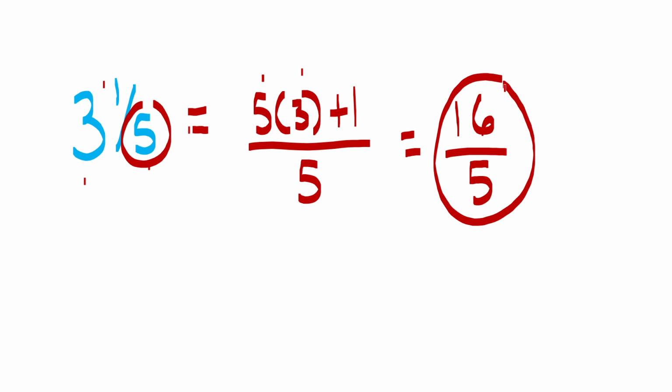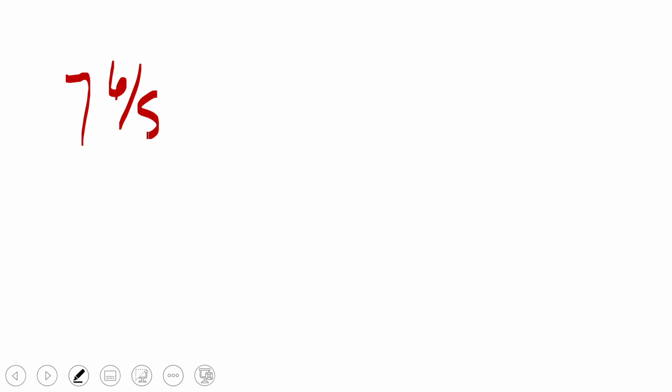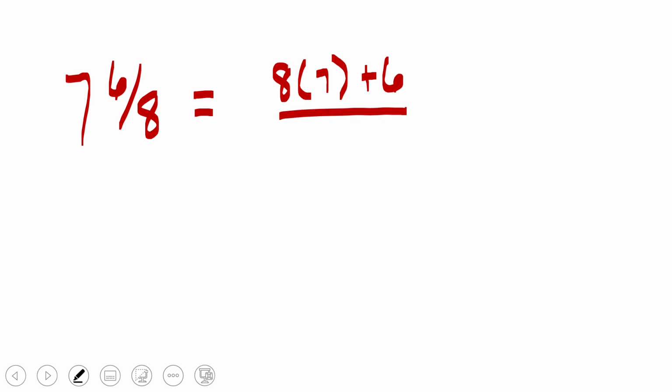Let's try another one. 7 and 6/8. To rewrite this as an improper fraction, we're going to take 8 times 7 plus 6 on top, the numerator, out of 8 as the whole.